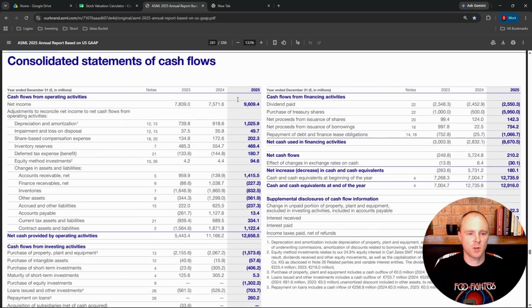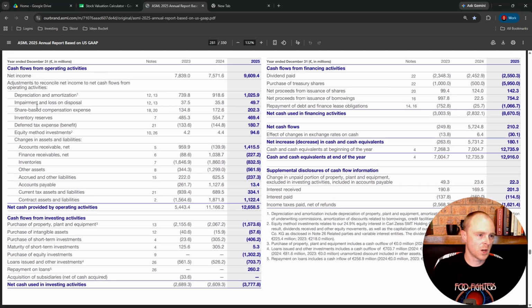Equity continued, and cash flows. So our net income comes out. You can see that it's a little bit lumpy, but it has increased in the most recent year. Net cash provided by operating activities. Nice. So we can see that this value has increased, and it is a little bit lumpy.